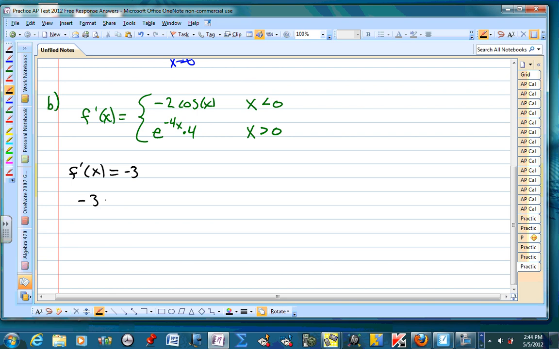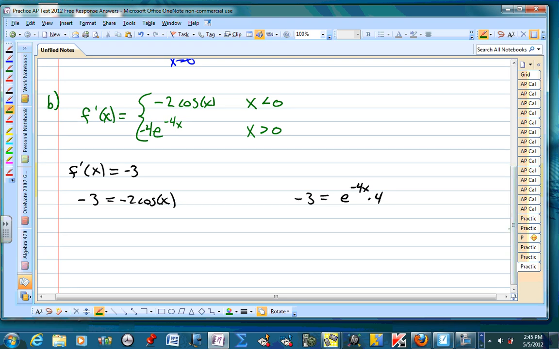Say negative 3 equals negative 2 times the cosine of x, and see when negative 3 equals e to the negative 4x times negative 4. And I forgot the negative sign in here. You know what? Let's just pull that constant out in front. There we go. Now, let's go to work. See what we can do.